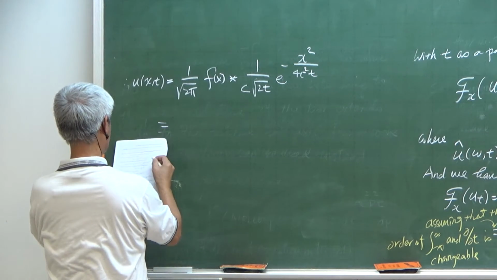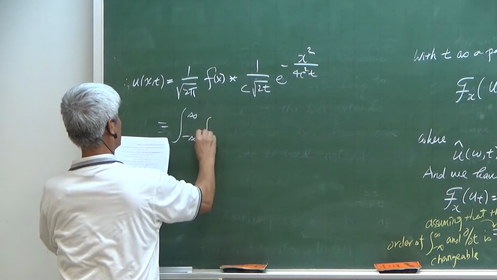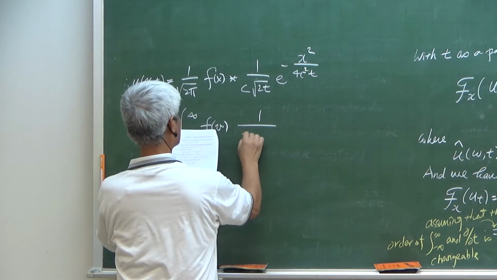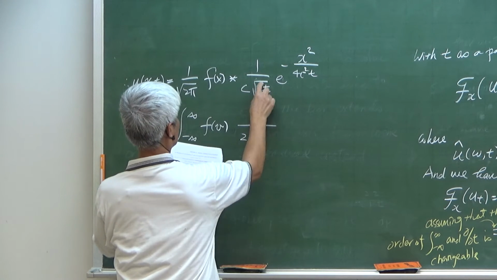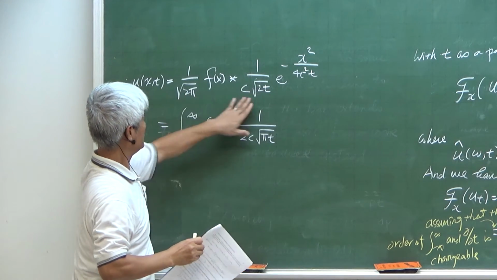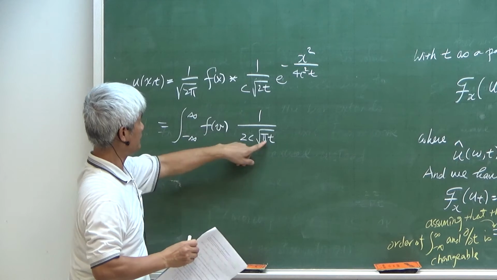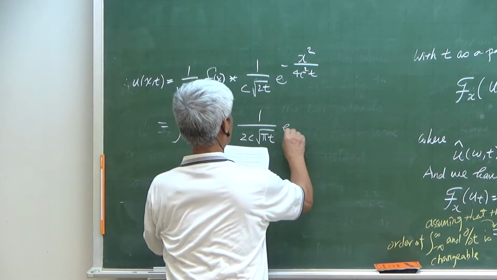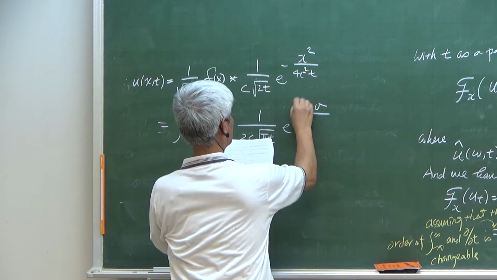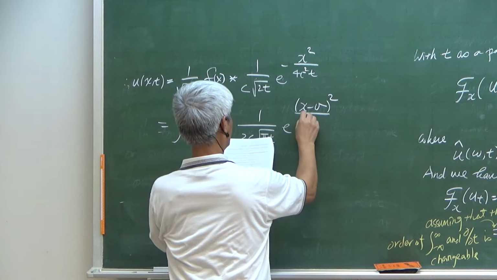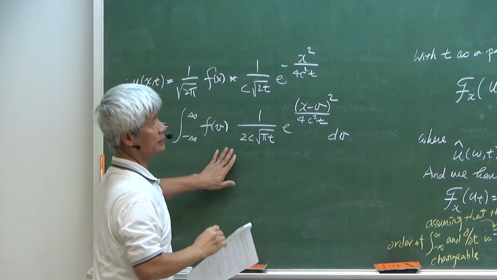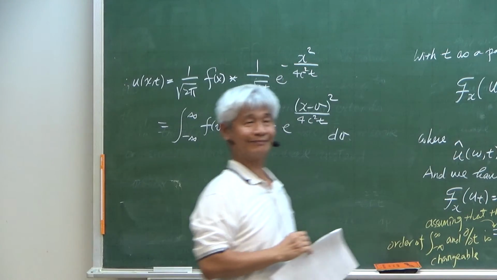So this is equal to the integral of f(v) times 1 over 2c square root of pi t, with the exponential e^(-(x-v)²/4c²t). With the product, we get 2 out of the square root and the pi t here. And this is equal to what we had before.